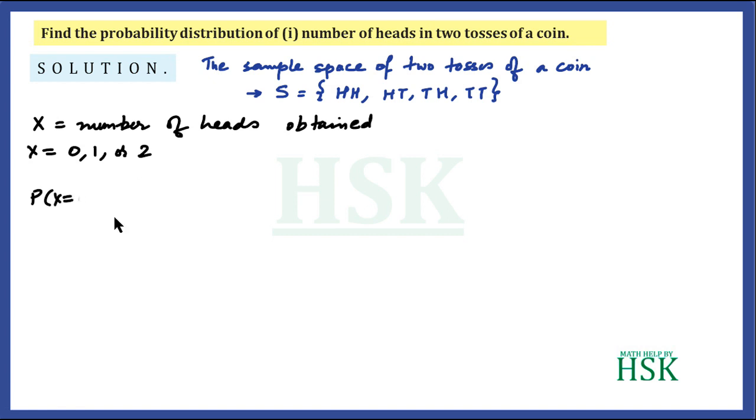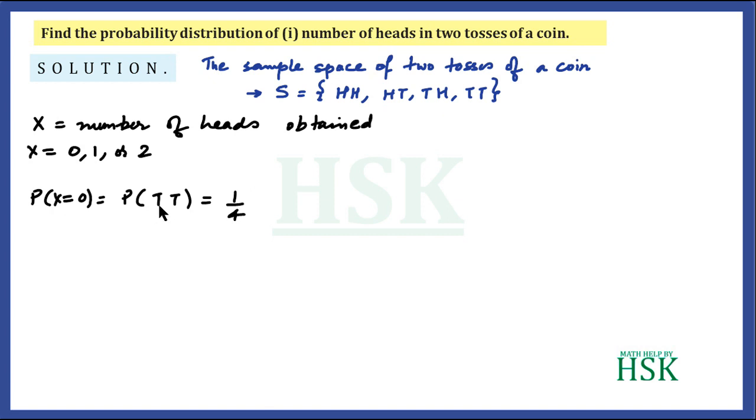So the probability of x equal to 0, that is, the probability when we obtain no head, is the probability that we obtain both the outcomes as tail. This would be equal to 1 by 4 because there are 4 outcomes and the only favorable outcome is 1.